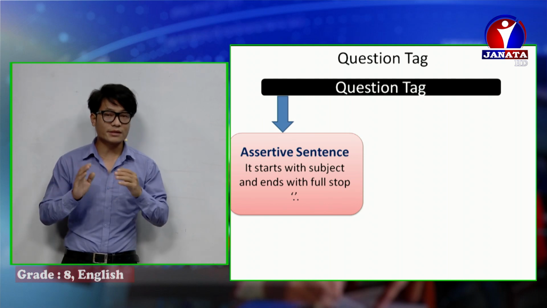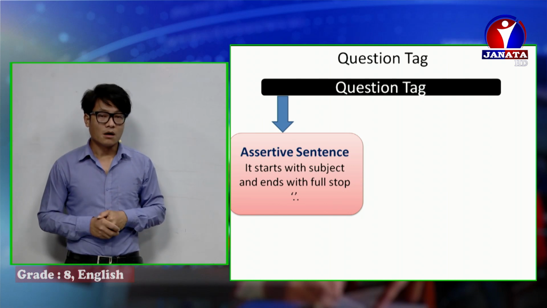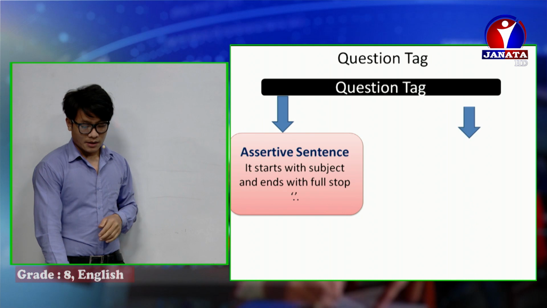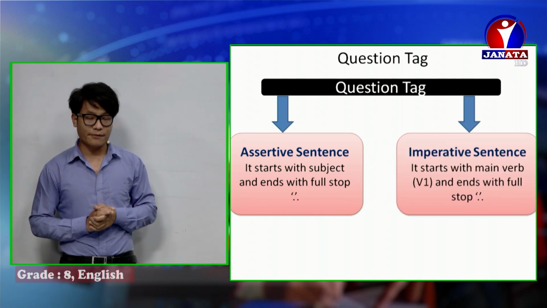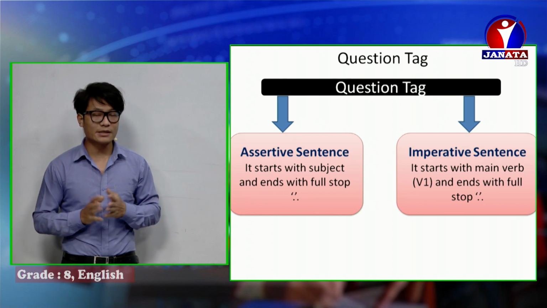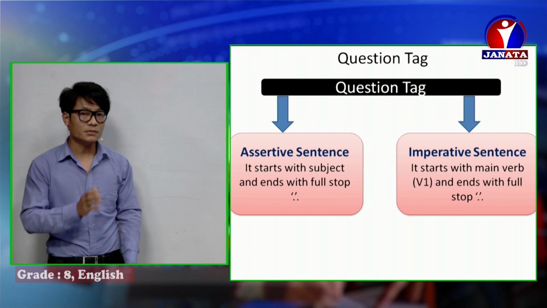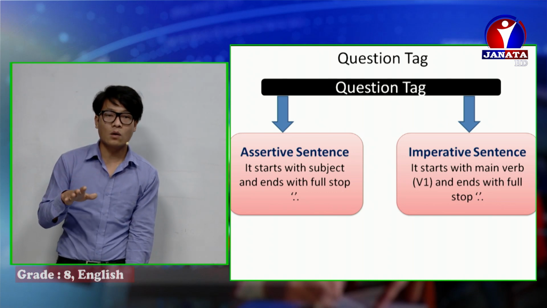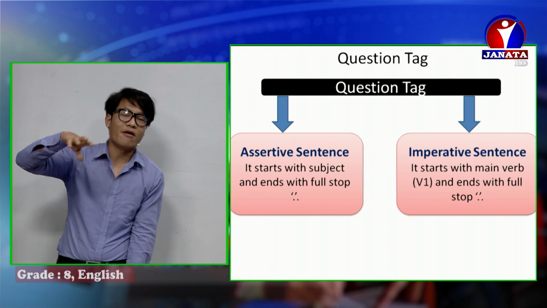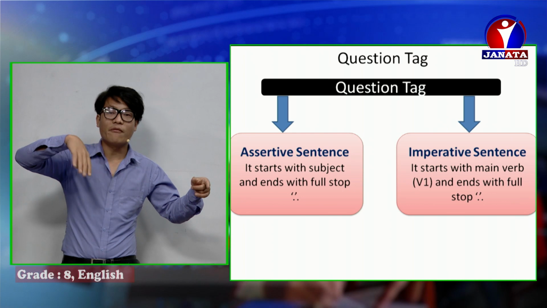And another is the imperative sentence. It starts with the main verb and ends with a full stop, like go there, come here, don't touch, let me go. These are examples of the imperative sentence.